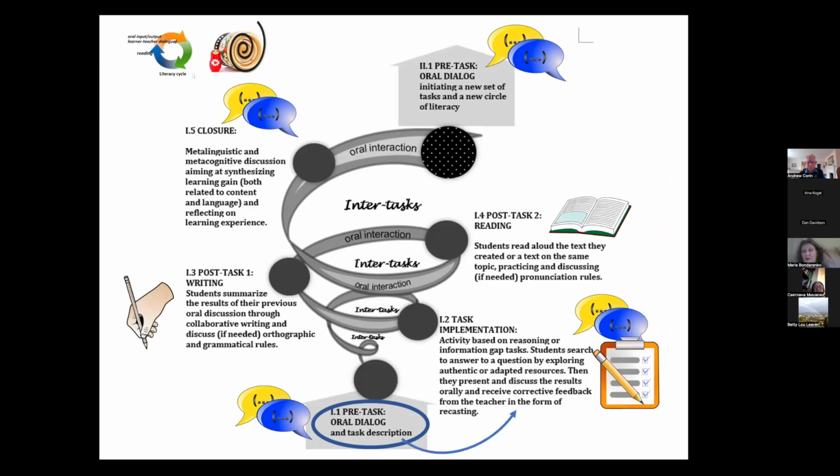Then we move to the task itself, an activity based on reasoning or information gap. Students search to answer a question by exploring authentic resources or adapted resources based on authentic ones. Then they present and discuss the result orally. It's important to receive corrective feedback from the teacher in the form of recasting.